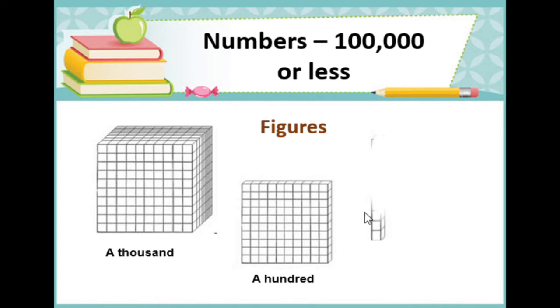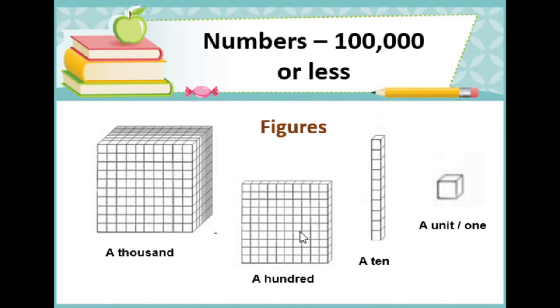We also have this long 10 small squares. It represents 10 or tens. And lastly, this one small cube represents a unit or one. Again, this whole cube represents 1,000.